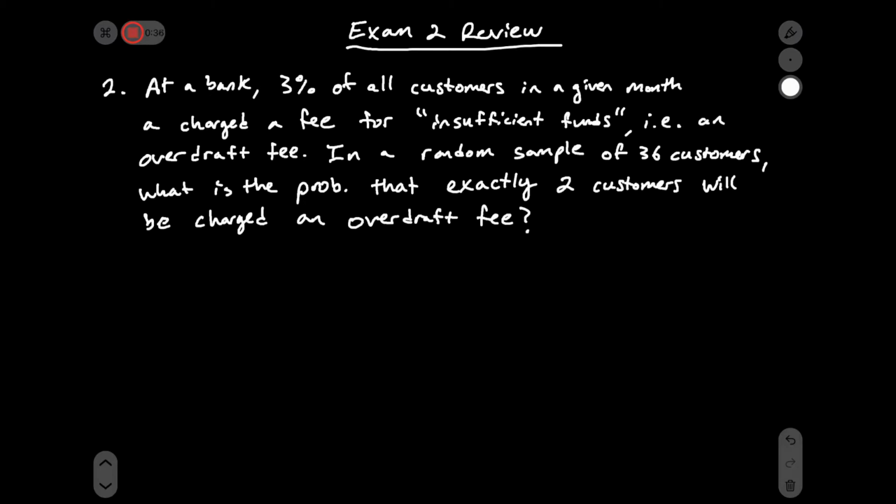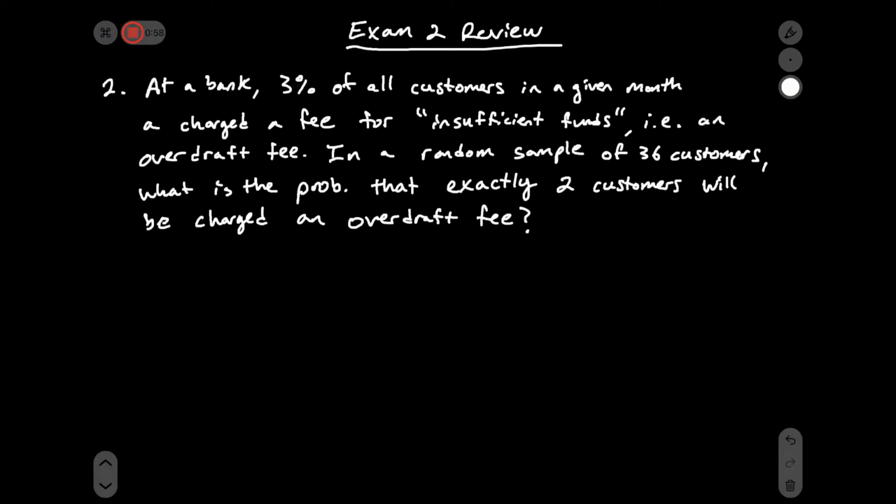In this question, we're asked, at a bank, 3% of all customers in a given month are charged a fee for insufficient funds. In other words, they're charged an overdraft fee for overdrafting their account. In a random sample of 36 customers, what is the probability that exactly 2 customers will be charged an overdraft fee?